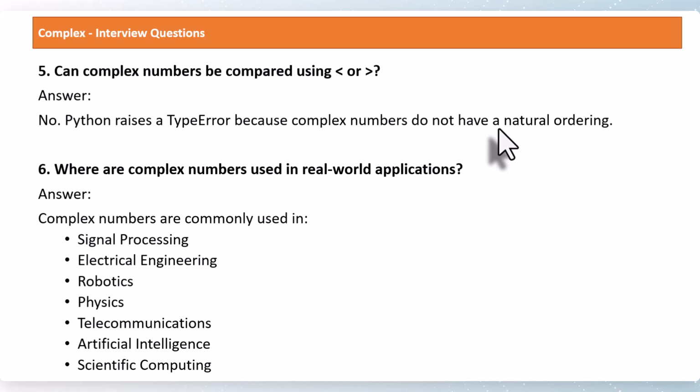But complex numbers do not have any ordering. Where will these complex numbers be used in real world applications? Complex numbers are commonly used in signal processing, electrical engineering, robotics, physics, telecommunications, artificial intelligence, and scientific computing. In all these, we can use complex numbers.